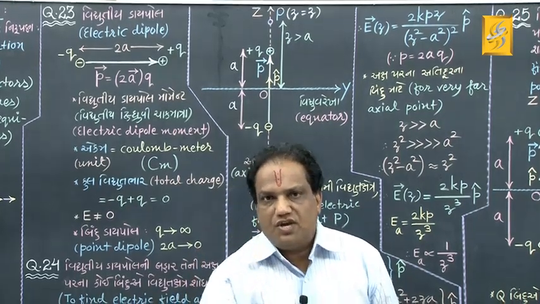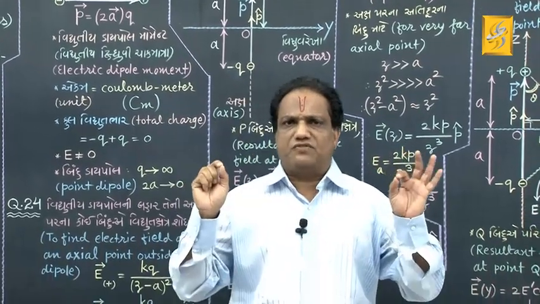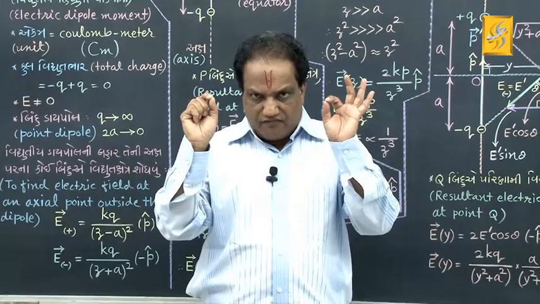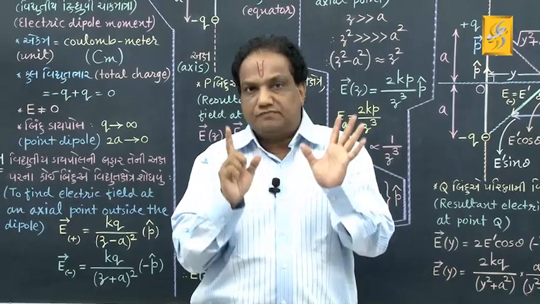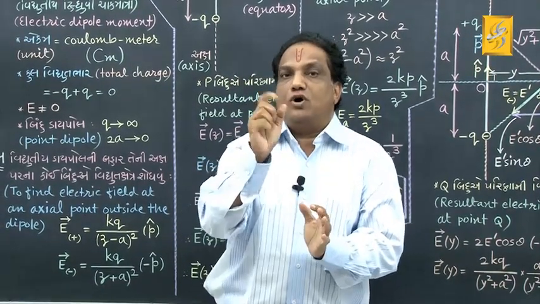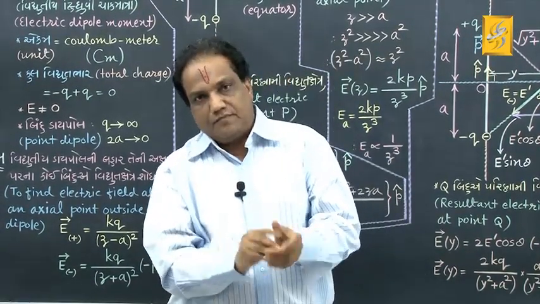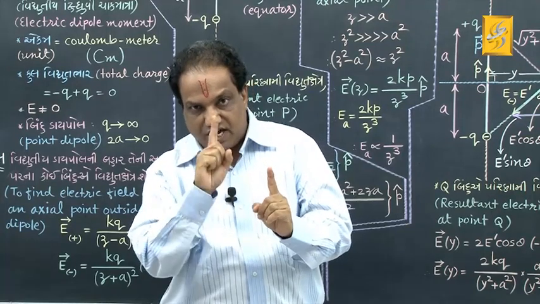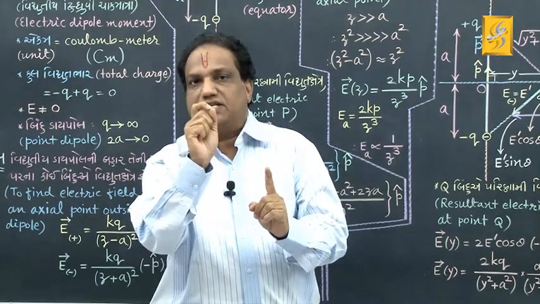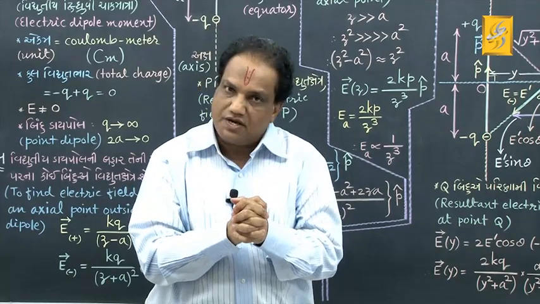In short, if you have an enormous amount of charge and the charges are very close to each other, then it will form a point dipole. A point dipole is one in which charge tends to infinity and distance tends to 0. Okay, fine.